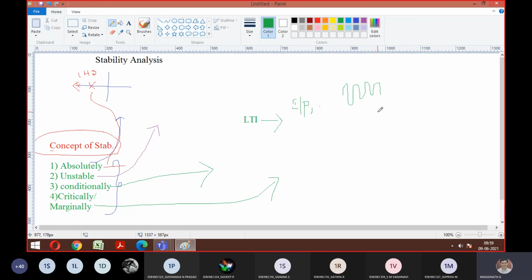So the meaning I'll just show in the graph. If we have time t on the x-axis and output c of t, whenever your critical or marginally stable condition comes, after reaching some particular time, both amplitude as well as frequency are going to be constant.